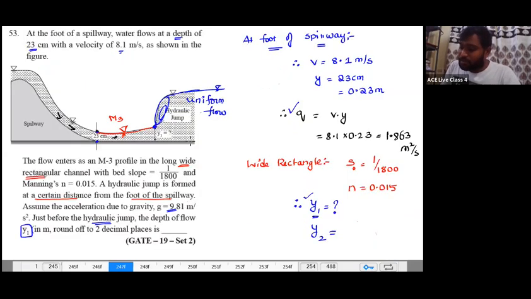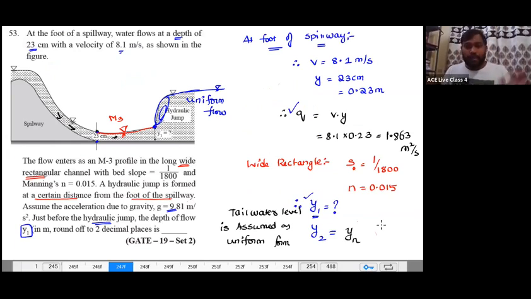But in the given question, there is nothing, so it is going to be assumed as a uniform flow. Now, the tailwater level is assumed as a uniform flow, which means y2 is equal to yn.